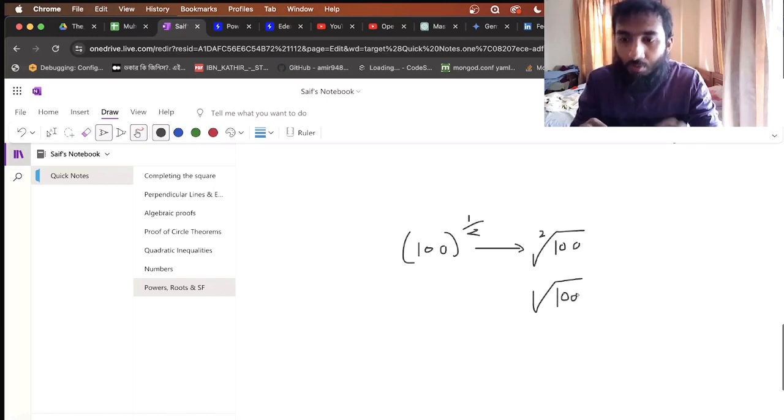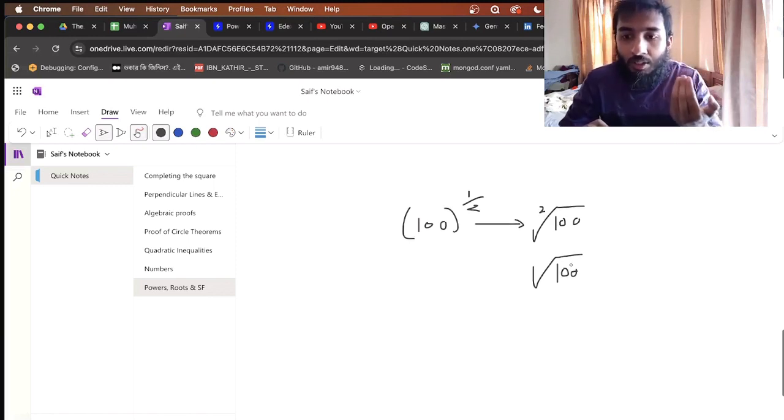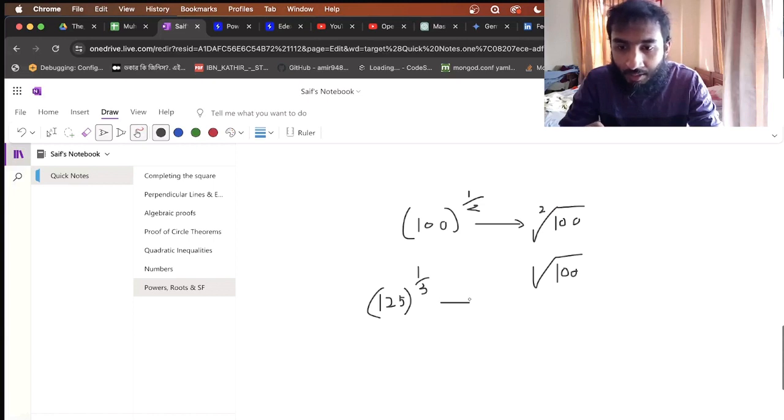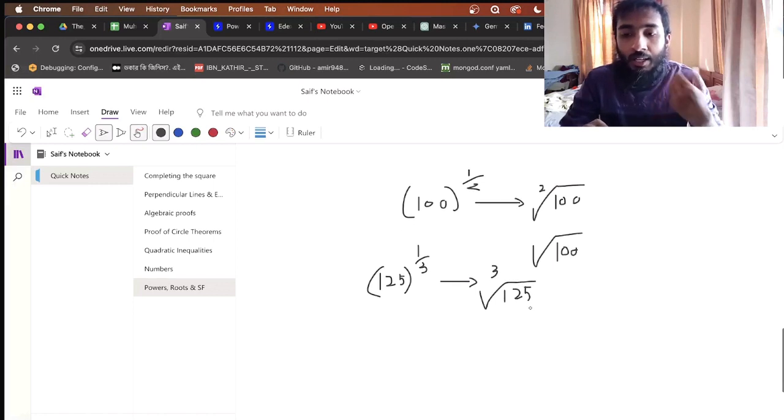So this is the representation. If for example I take the number 125 and say it's to the power 1 by 3, it means it's the cube root of 125. So this is the concept of root and how it's represented.